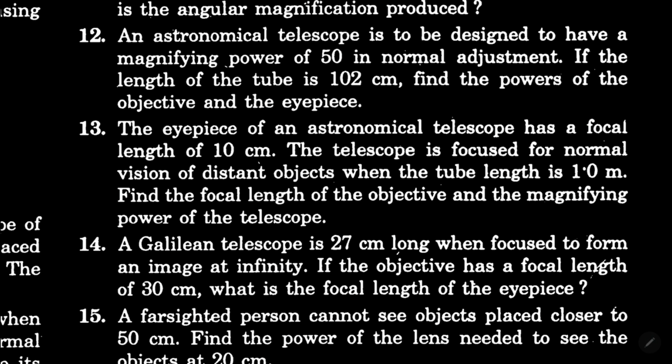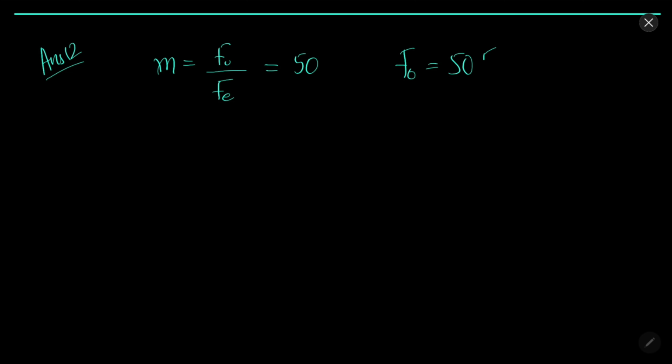In 12, an astronomical telescope is given. If the tube length is 102 centimeter, find the power of objective and eyepiece. Solution 12. So M is FO by FE, 50, FO equal to 50 FE.